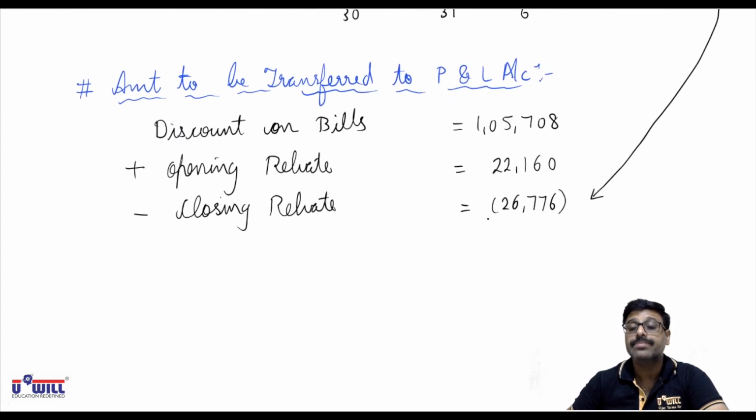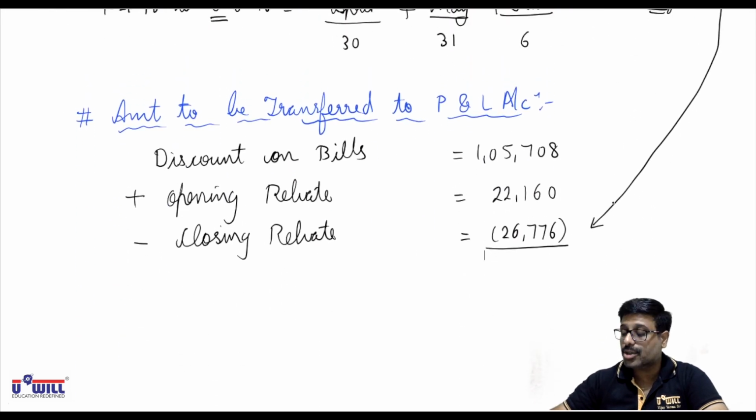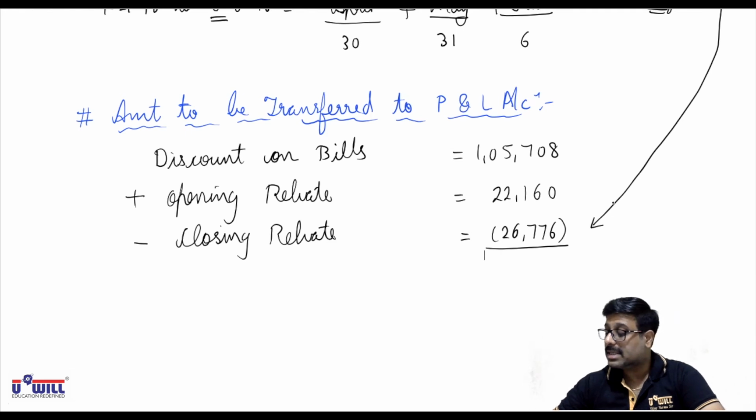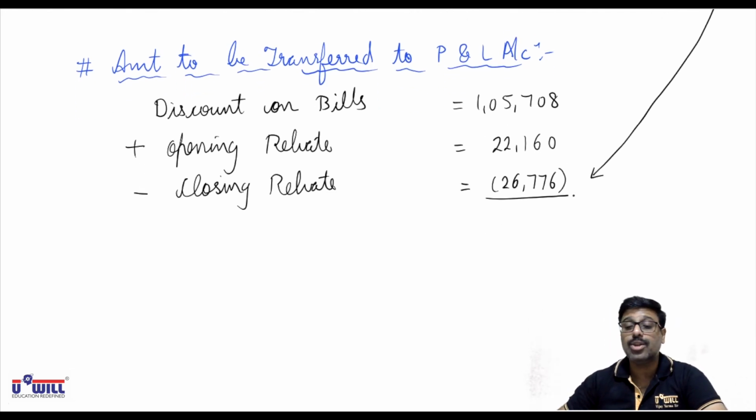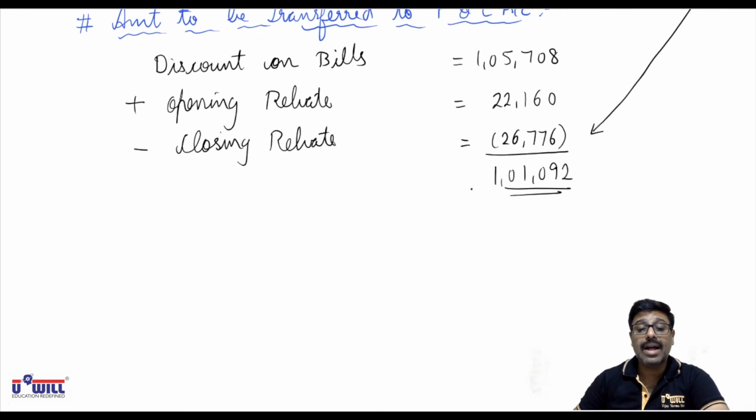So do it everyone: 1,05,708 plus 22160 minus 26776. Do you all get 101092? This amount will be transferred to profit and loss account.